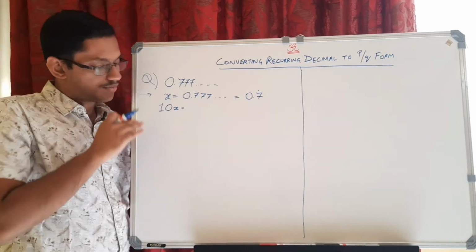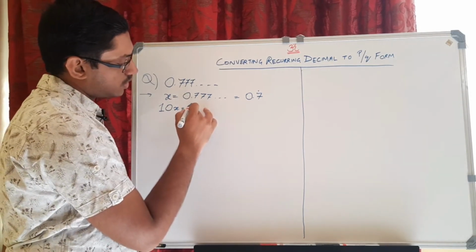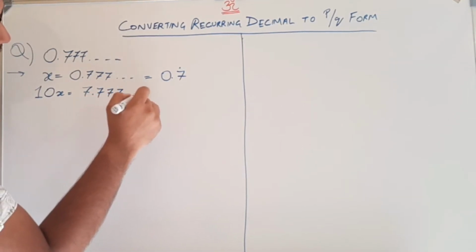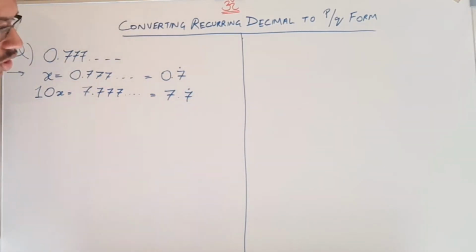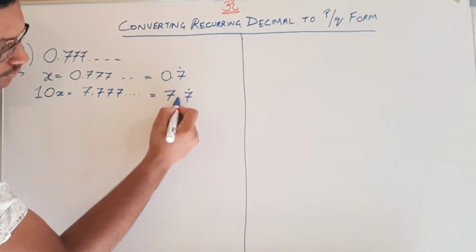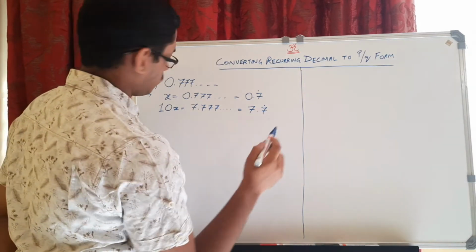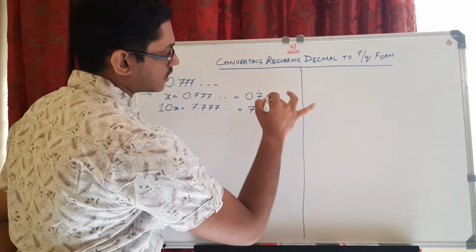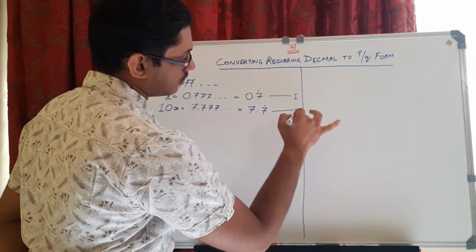If we multiply the left side by 10, we have to multiply the right side by 10 too. It will become 10x equal to 7.777 continued, which is 7.7 with a small dot above it. Alright, fine. This is equation 1, this is the second equation.